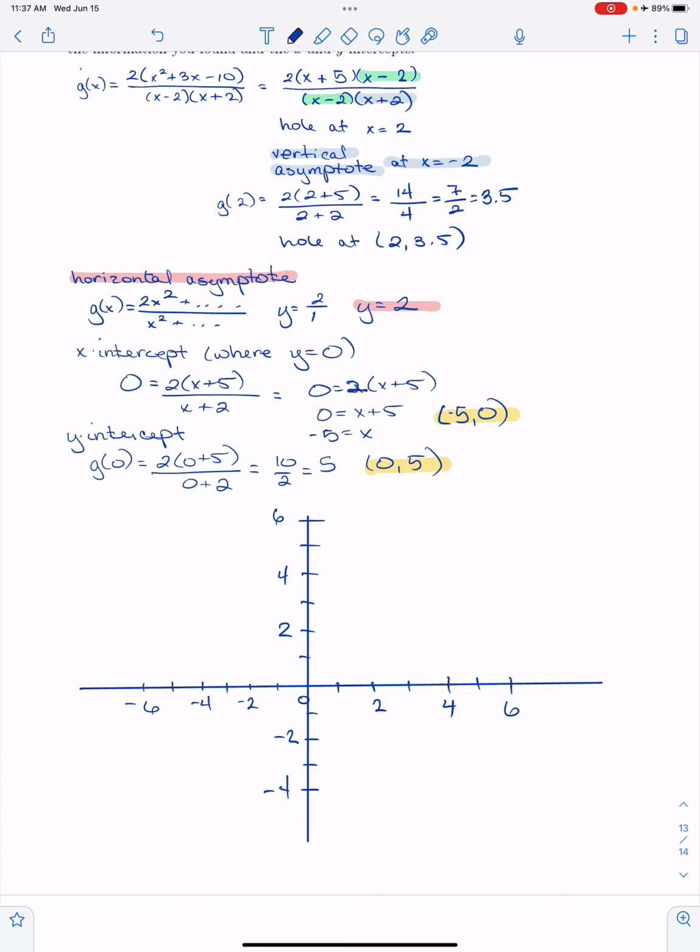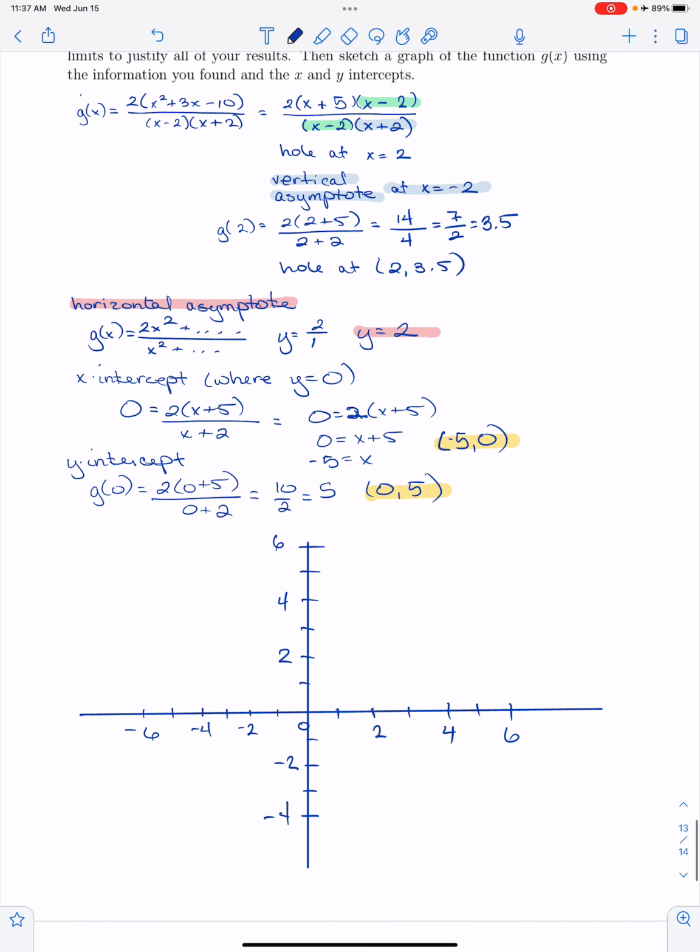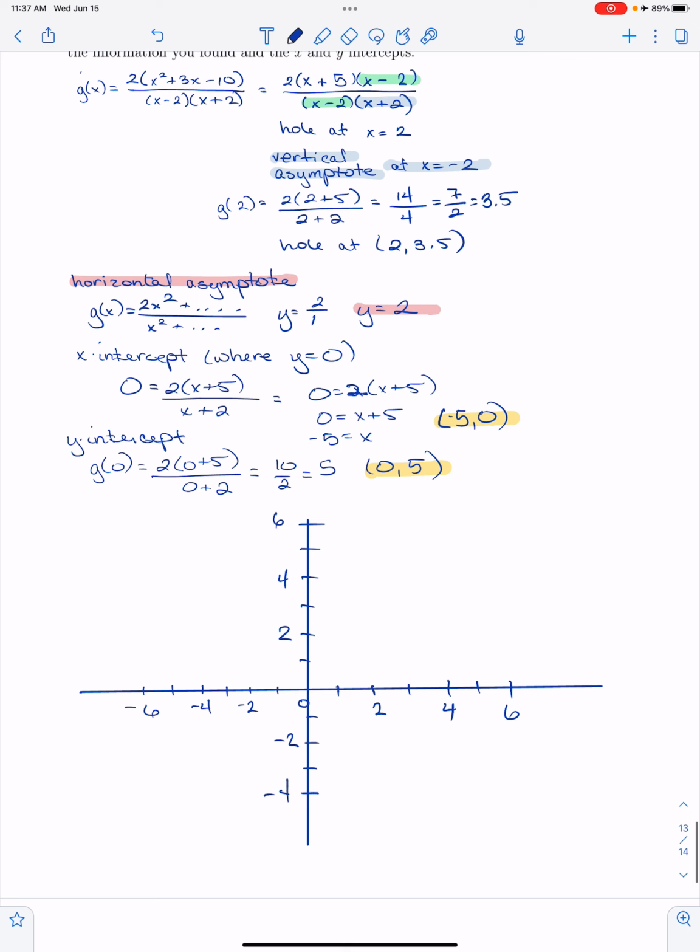So we have a horizontal asymptote at y equals 2.